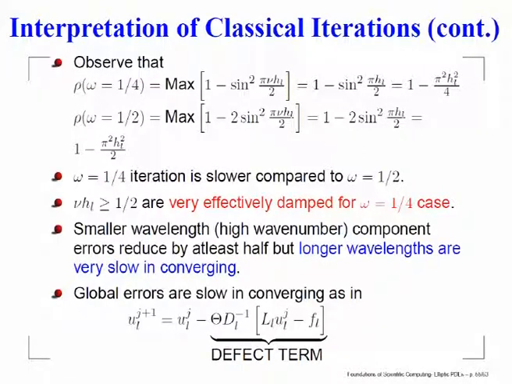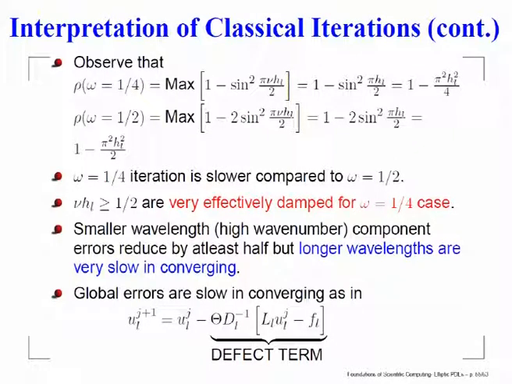If I take theta equal to 1, meaning no relaxation at all, that gives omega equal to half, because it is theta by 2. So the spectral radius, which we denote by rho, for theta equal to half will be the maximum of the sequence 1 minus sine square of pi mu h_L by 2.